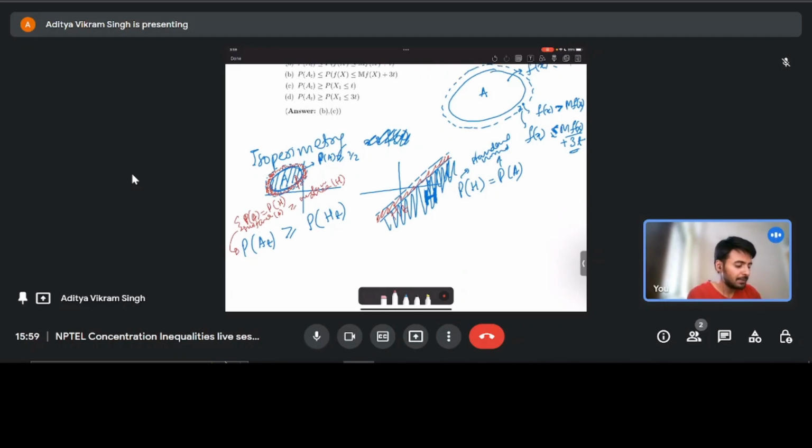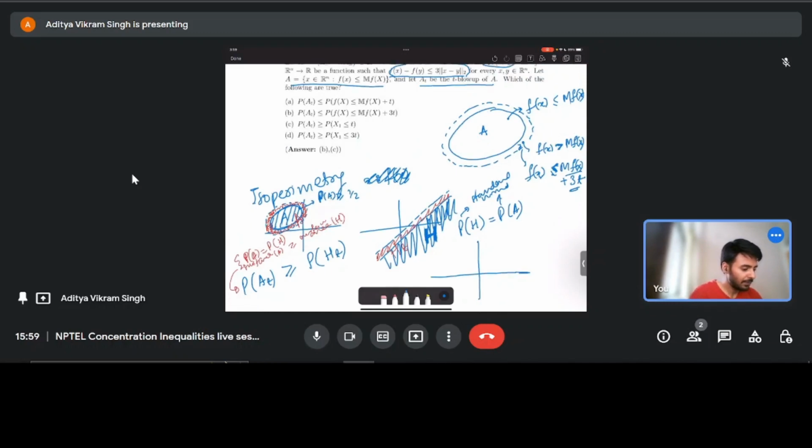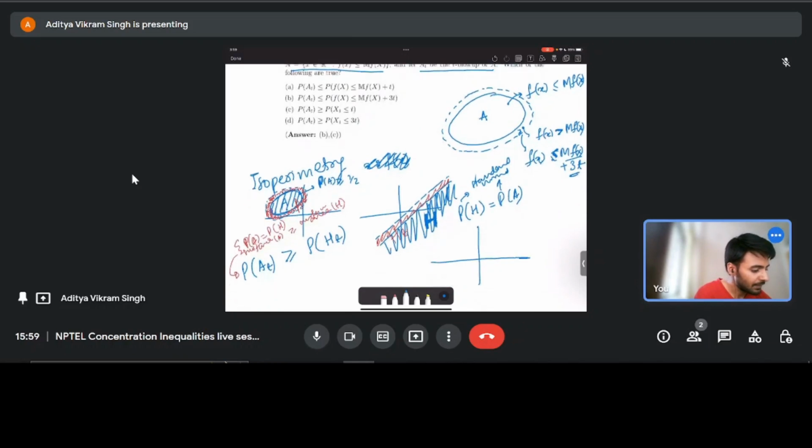Now again, since this is standard Gaussian, we have this rotational invariance. So why take these difficult half spaces? Take a simple half space. So the figure I drew is incorrect.